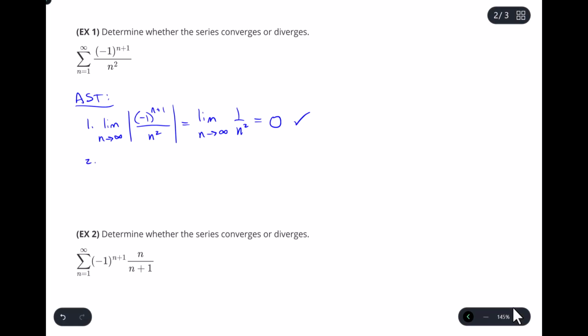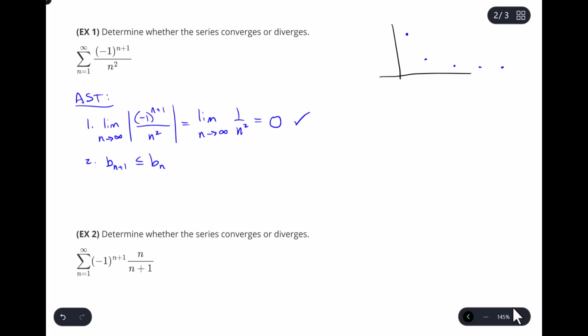The other thing is that this has to be a decreasing sequence. So what we need is b sub n plus 1 to be less than or equal to b sub n. If you're having trouble visualizing that, just think of what a decreasing sequence would look like.